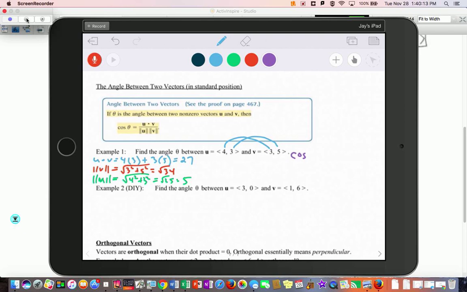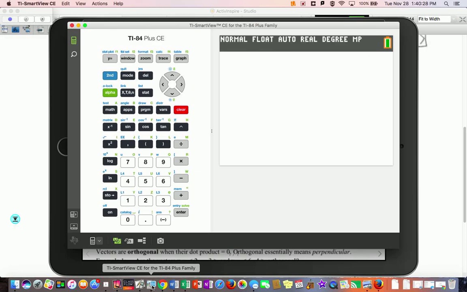So then the formula is the dot product on top, and the two magnitudes get multiplied on the bottom. Now this one, the magnitudes are a little more difficult to type in, so on the calculator, I would probably do 5 times the square root of 34.